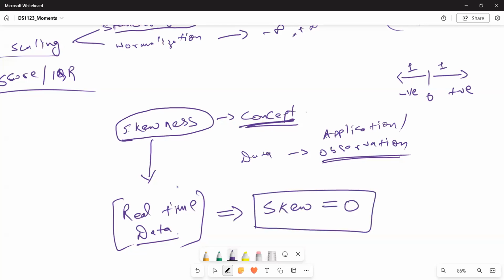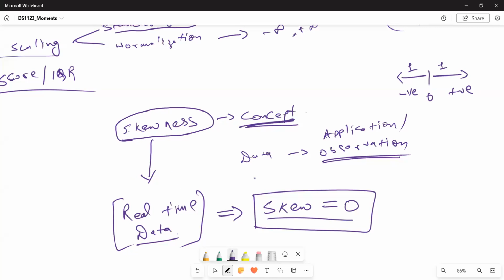So what do we do in that case? When we apply data transformation, there are various methods, right? N number of methods to apply data transformation. The idea is when I'm not able to achieve the skewness of zero, I'll try to achieve the skewness as close to zero as possible, right?